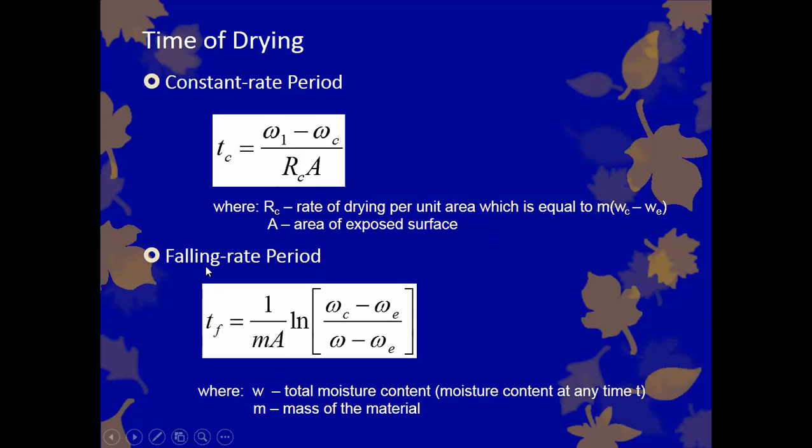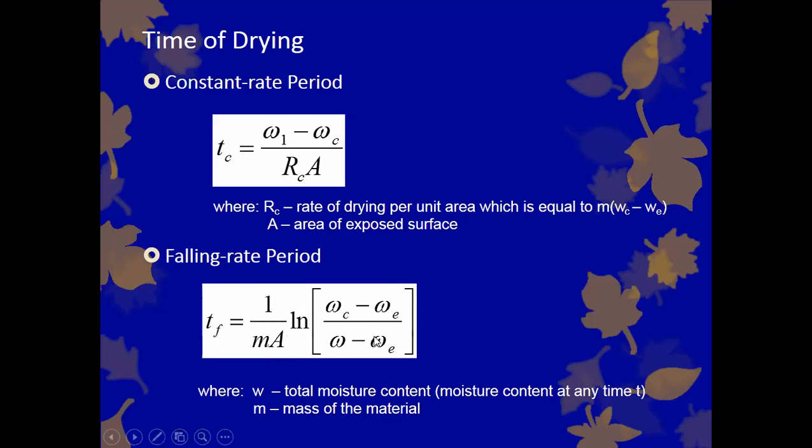Okay, as for the falling rate period, that is why I'm saying that it's not really a line, it's curved, but it's represented as a line just to simplify something that would be difficult, because the formula here has an ln function, so it's not linear. How do we determine the falling rate period drying time?